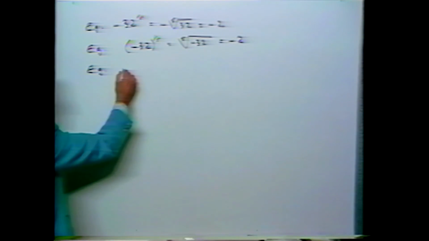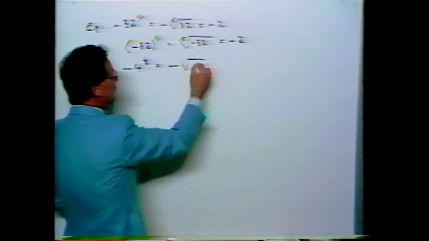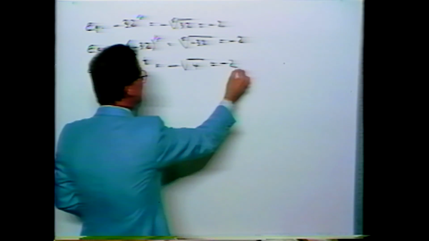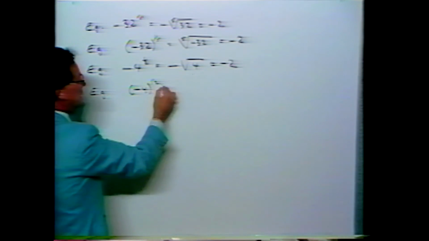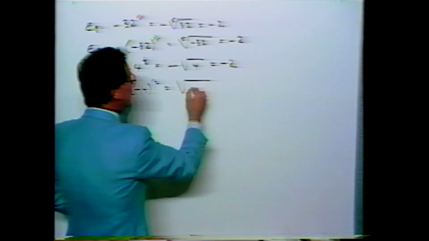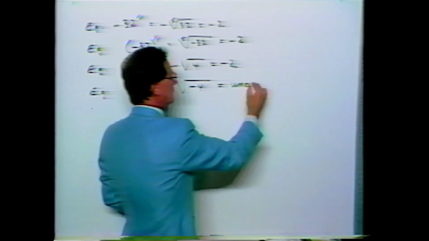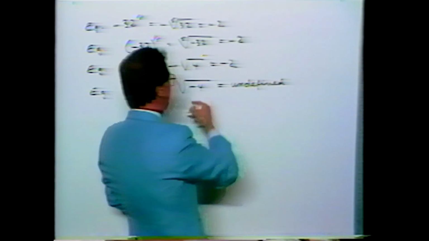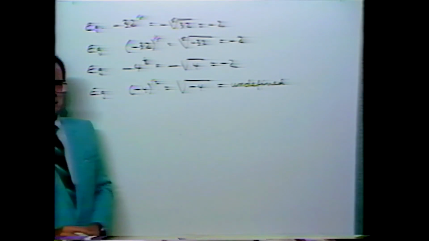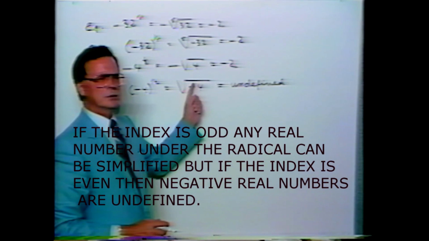Another example, negative 4 to the 1/2 is equal to negative the square root of 4, and that is negative 2. Another example, negative 4, in brackets, to the 1/2 is equal to the square root of negative 4, and there is no solution here. There is no real root for negative 4. This shows an important property regarding roots of a number.